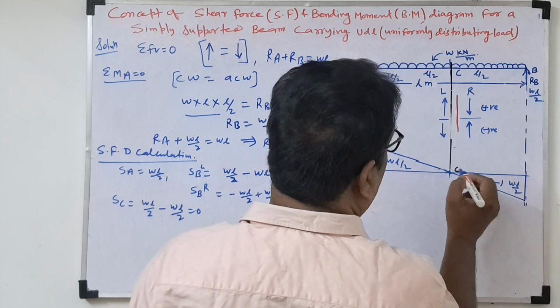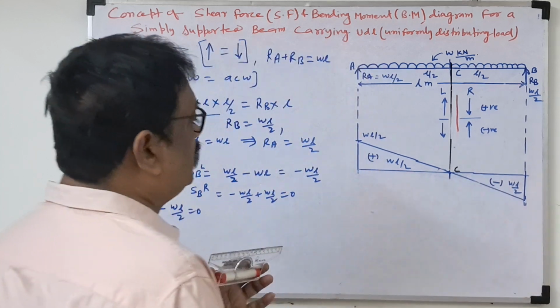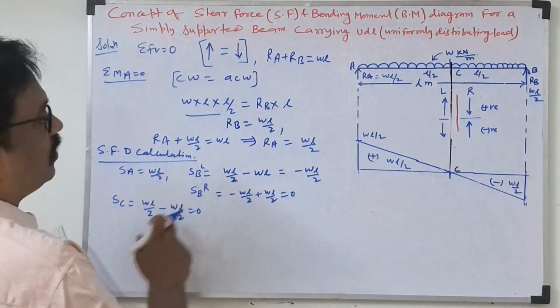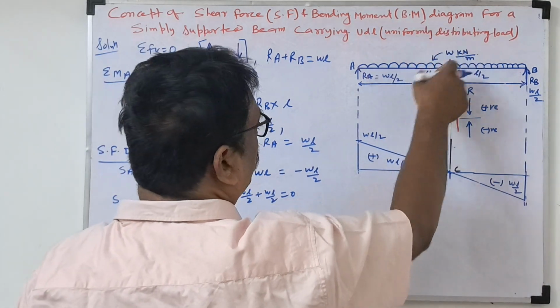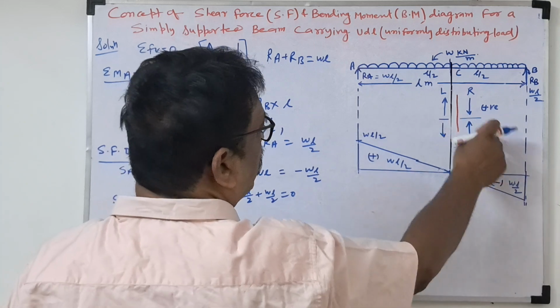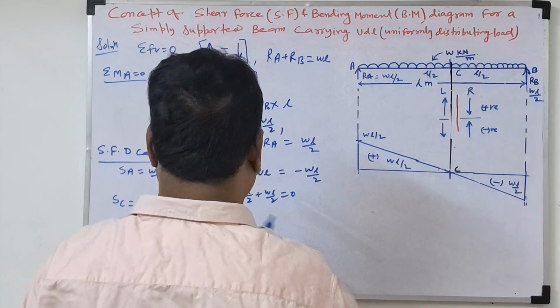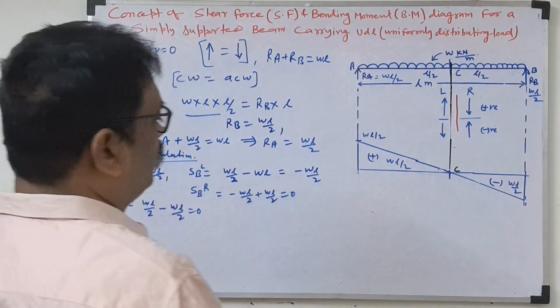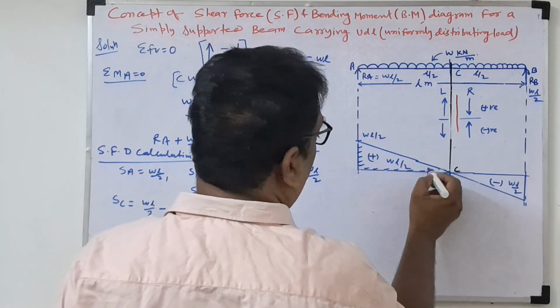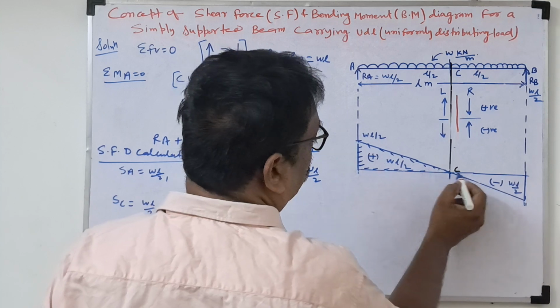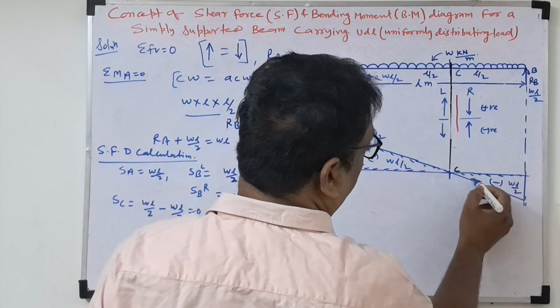This is the C point where shear force will be 0. Shear force will be 0 because, taking the shear force here, upward load WL by 2, downward negative W into L by 2. So this shear force diagram is over. You can hatch this. This part is known as the shear force diagram.